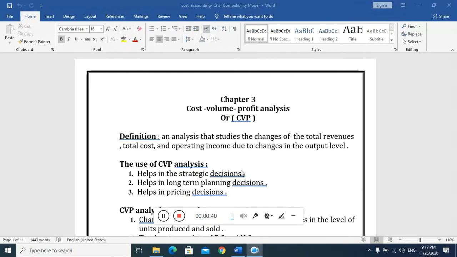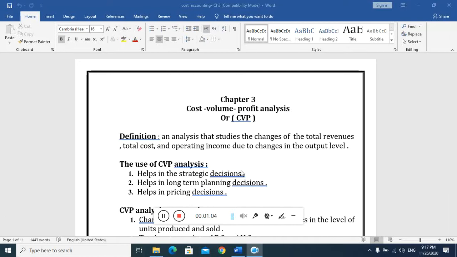So there are three main items. We study the change in them due to the change in the level of output, which are total revenues, total costs, and operating income. How will the use of CVP analysis help you as a manager?